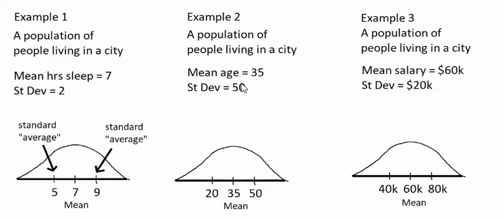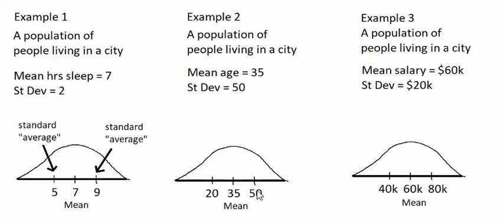I'm sorry, let's see. This should also be mean age is 50. If this is 5, this should be 30, and this should be 40, because those people are at these 2 points. So if the standard deviation is 5, then 30 and 40 are at the standard distance or standard deviation away from the mean.